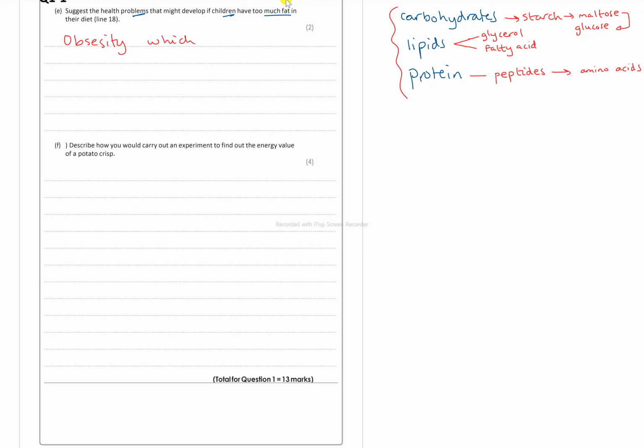Which leads to diabetes and coronary heart disease.